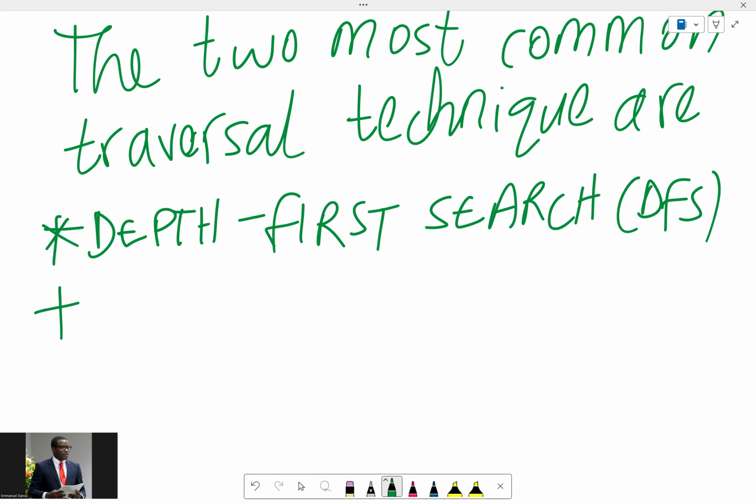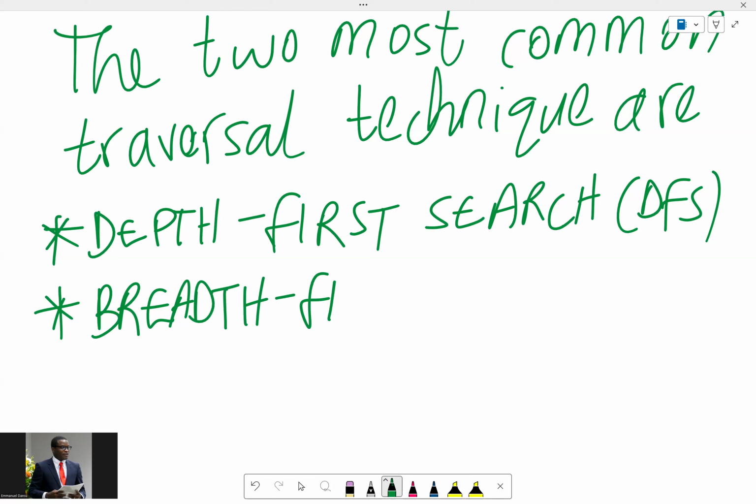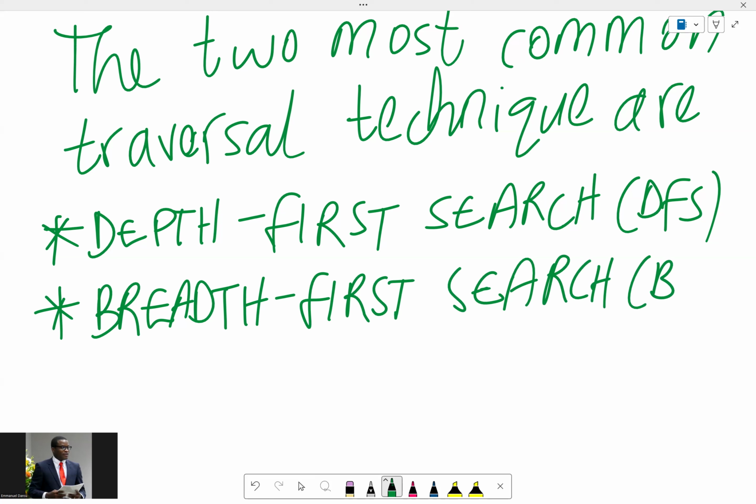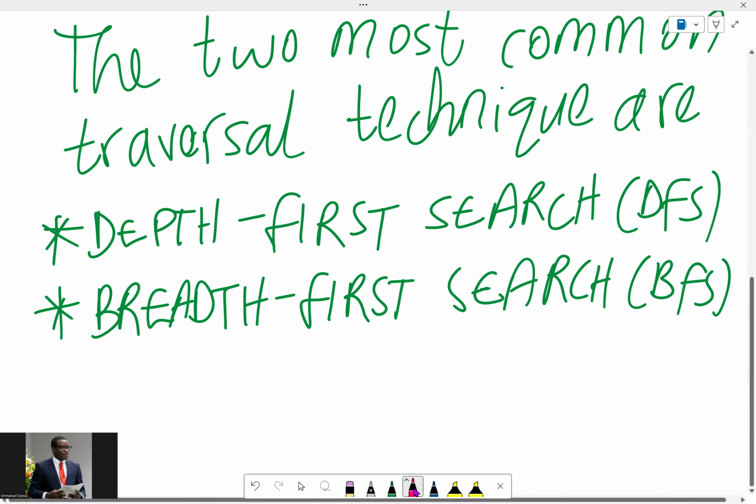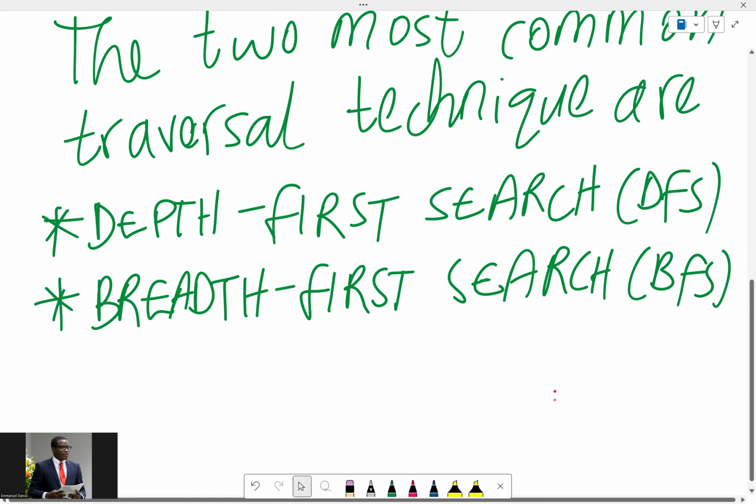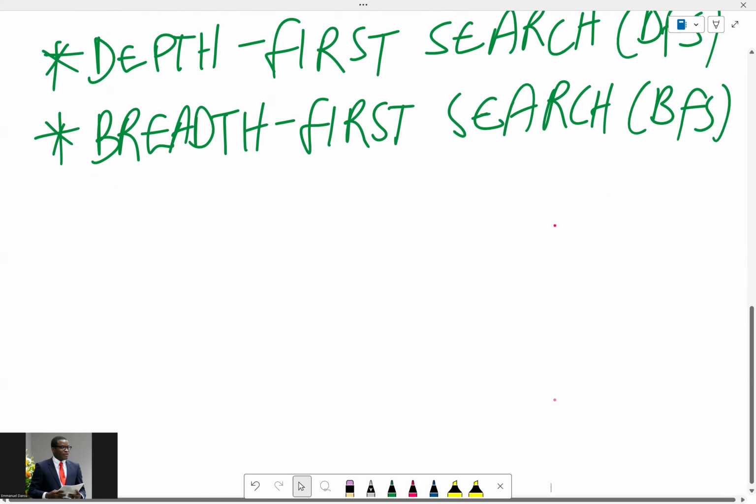And the second one is the breadth first search, which is the BFS algorithm.